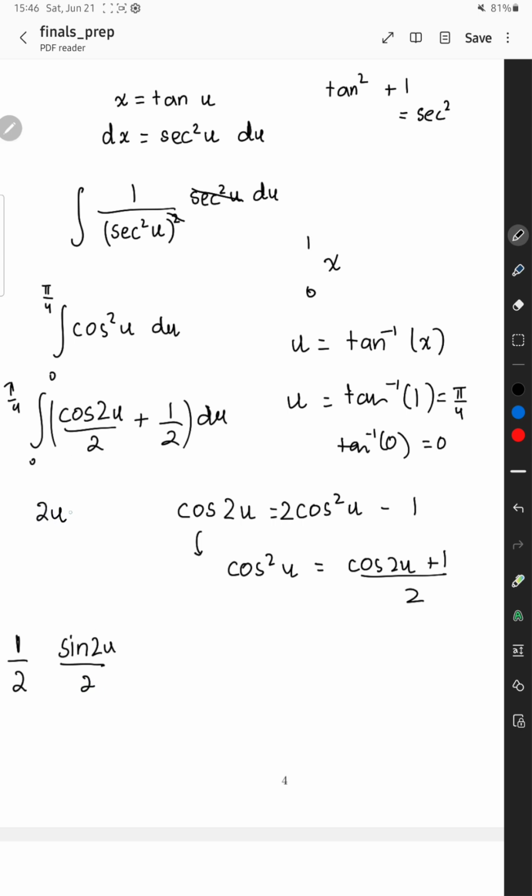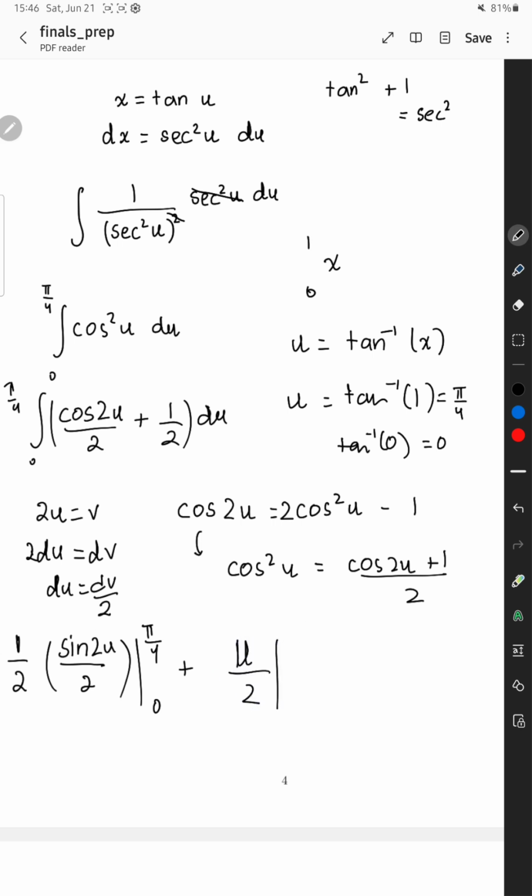Because let's suppose 2u equals v, 2 du equals dv, and then du equals dv by 2. So you'll have another 2 over here. So that is why there are two factors of half here. Okay, and this is from 0 to pi by 4. And then for the 1 by 2, you just get a u there. u by 2, from 0 to pi by 4.